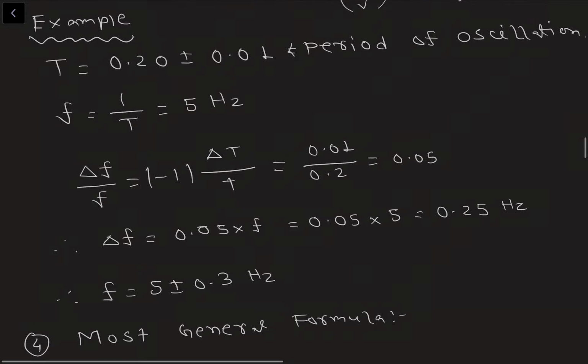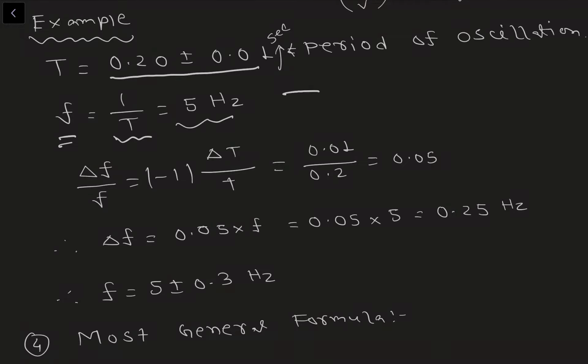Let us see one example of this. Like we measured a time period of some oscillation. Time period is coming out to be 0.2 plus or minus 0.01 second. Now our frequency of oscillation will be 1 by t. 1 by 0.2 is coming out to be 5 hertz.